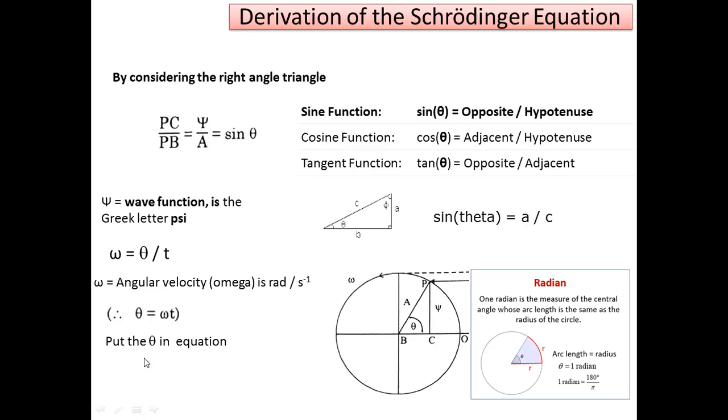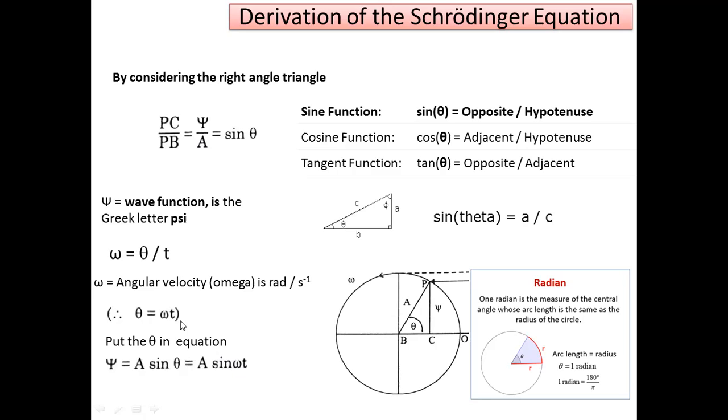Now put the value of this theta in the equation. The first is just the arrangement, and now there are two rearrangements. So psi over a will be equal to sine theta, and if you want to get psi, you multiply a with sine theta. So psi will be equal to a sine theta, just a rearrangement of this equation.